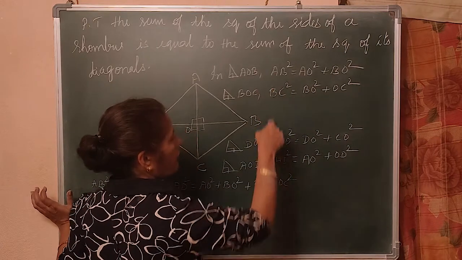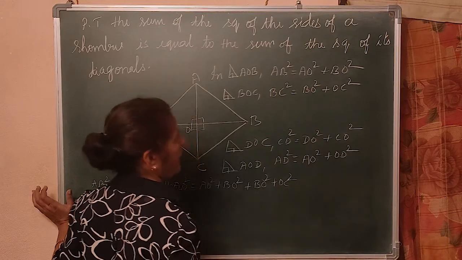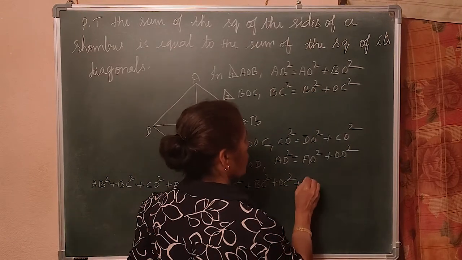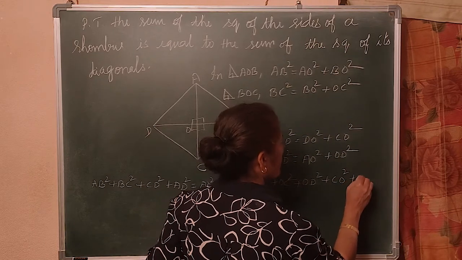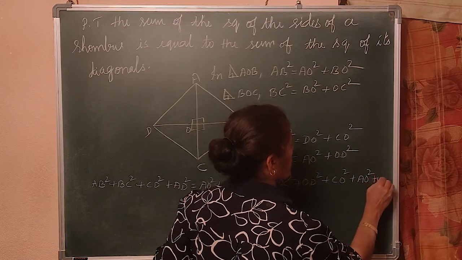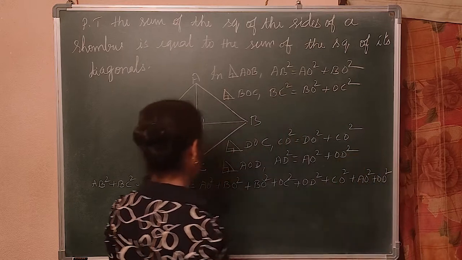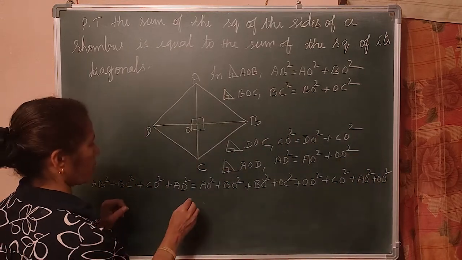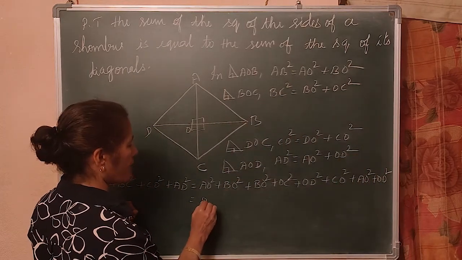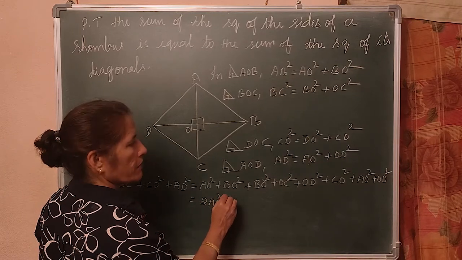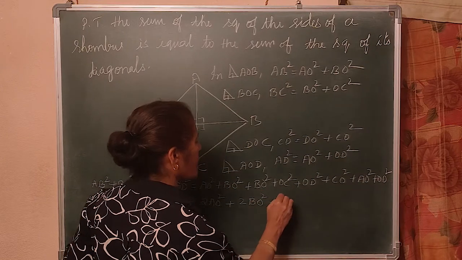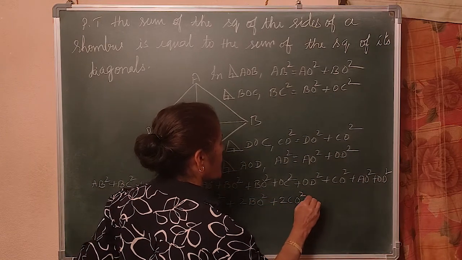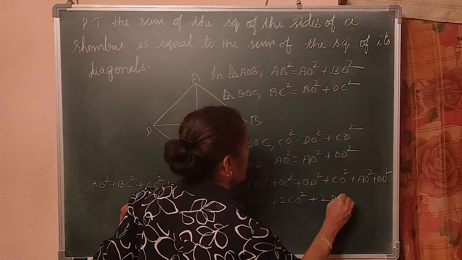We added the left hand side, now we are adding all the right hand side, plus OD square plus CO square plus AO square plus OD square. Right? So what do I get is equal to 2 times AO square plus 2 times BO square plus 2 times CO square plus 2 times DO square.